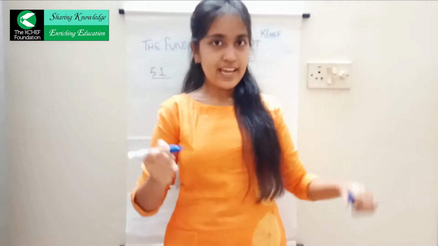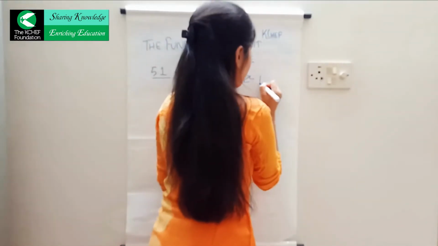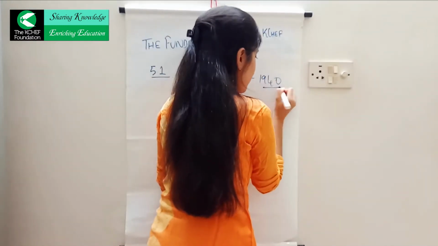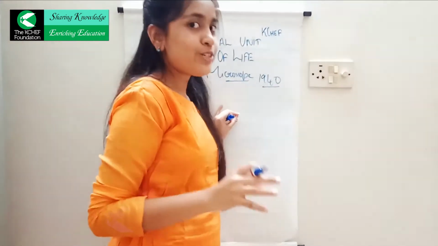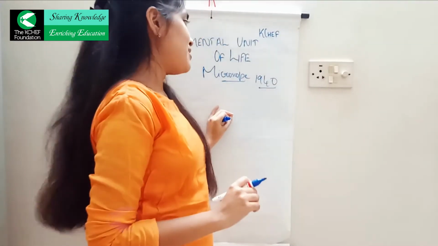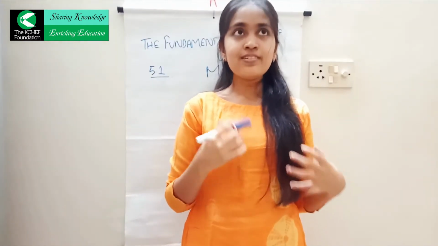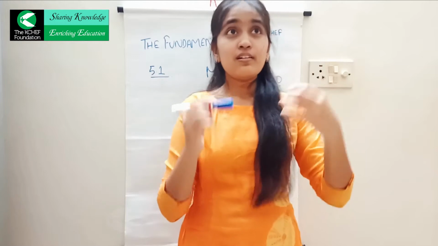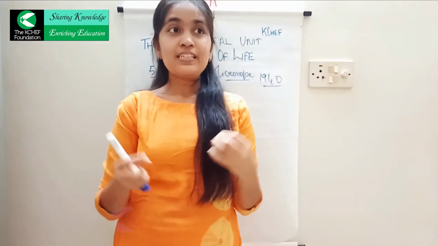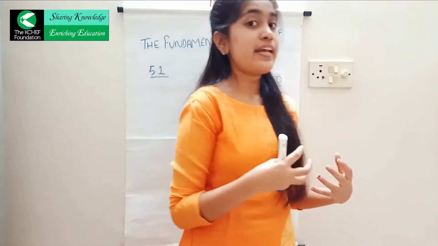Alright, and then the next microscope was discovered in 1940, which changed a lot of things about cell and cell biology. That was electron microscope. So, after discovering electron microscope, people came to know that there are several parts inside a cell too.